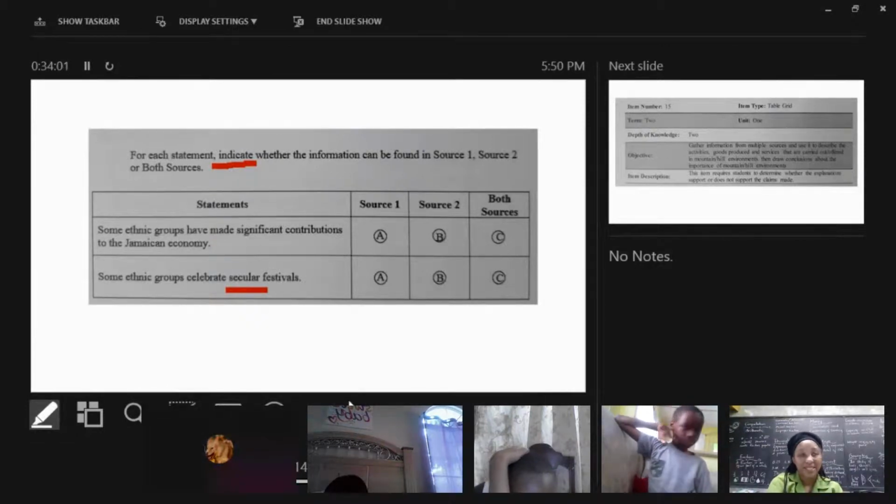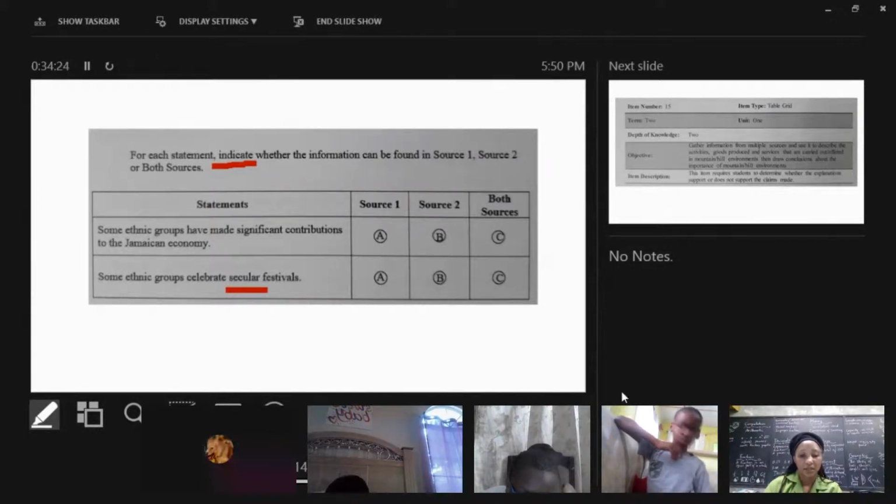Ash Wednesday is religious. Christmas is religious. Lent is religious. But we also have secular holidays: New Year's Day, New Year's Eve, Labor Day, Heroes Day. Those are secular, they are not religious.